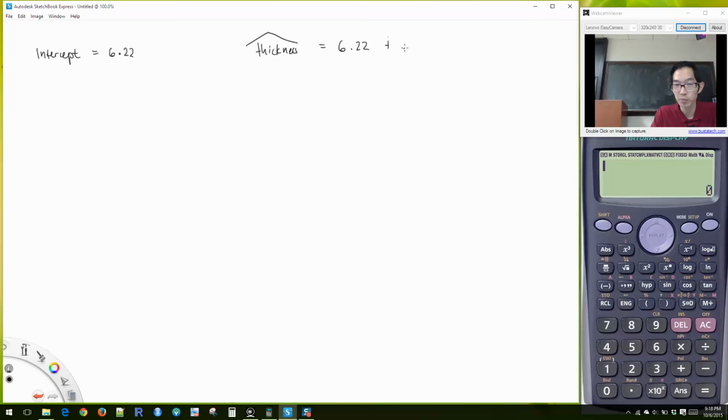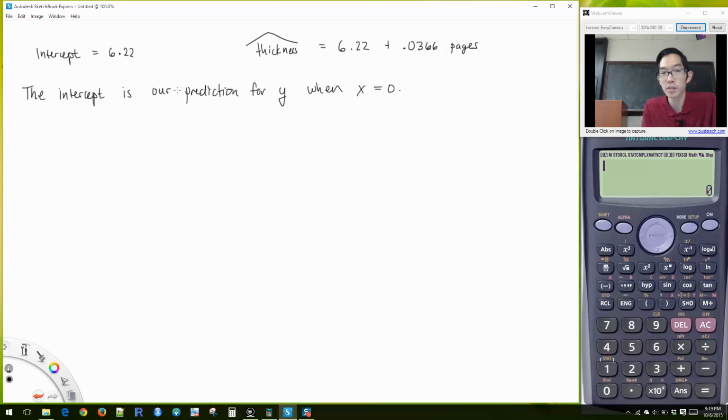Okay, so the intercept is our prediction for y when x equals 0. So this is the generic interpretation of the intercept. It's our prediction for y when x equals 0.